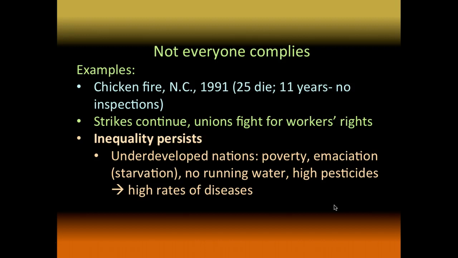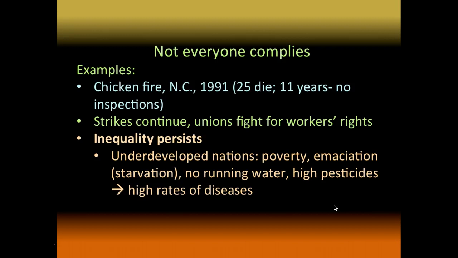In 1991 in North Carolina, there was a chicken fire in a chicken factory, and 25 people died. It had been open and operating for 11 years without a single inspection, and the people died because the doors were locked, because the owners of this chicken factory did not want people to steal chicken.